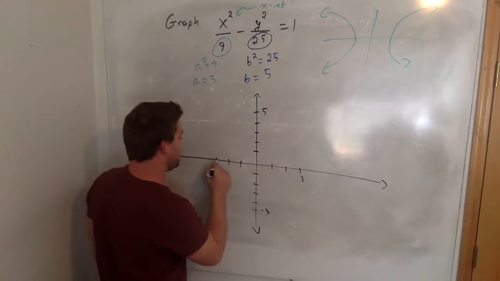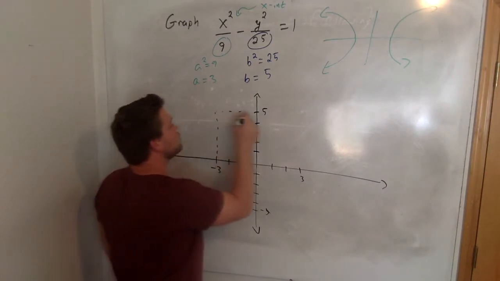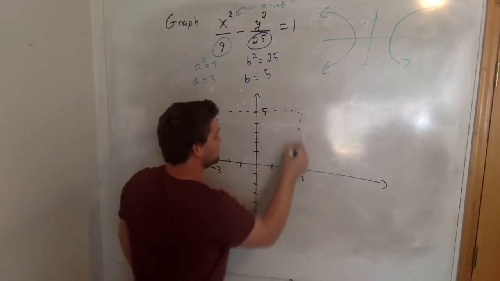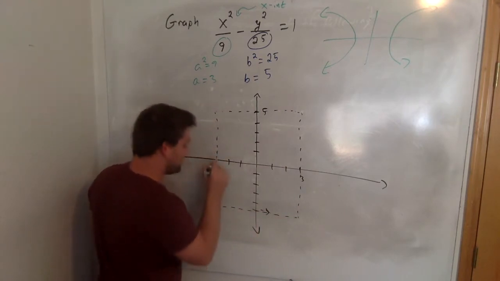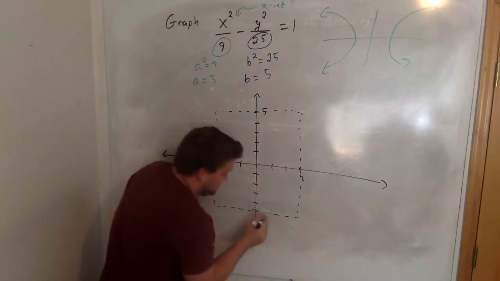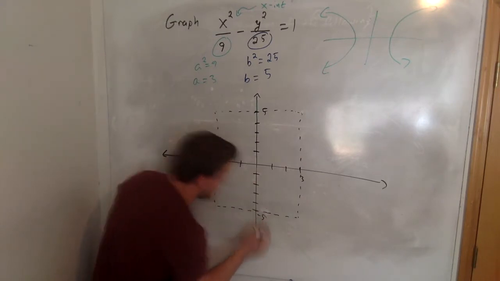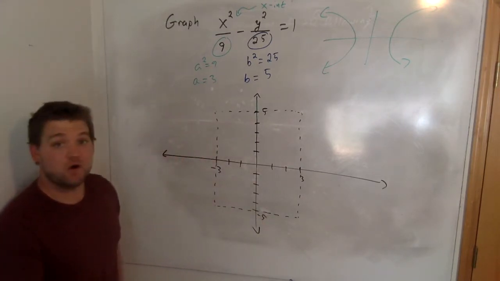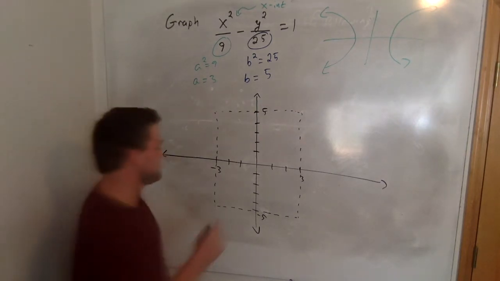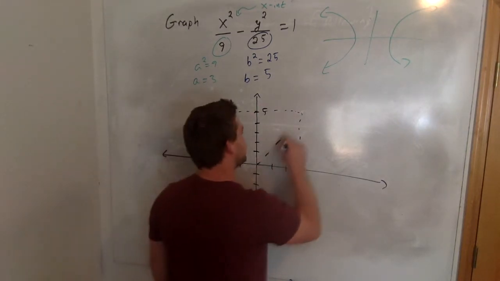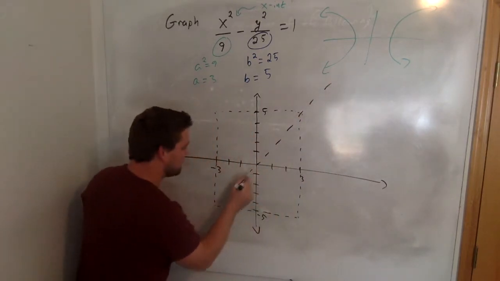And now we'll draw the central box. Once we have this central box, we can really sketch everything. The asymptotes of the hyperbola hit the corners of the central box. So let's sketch the asymptotes.